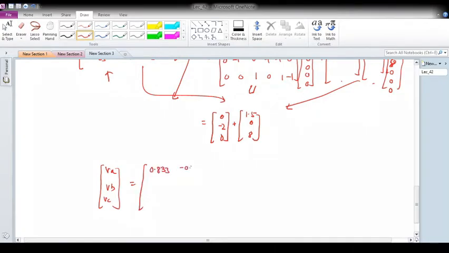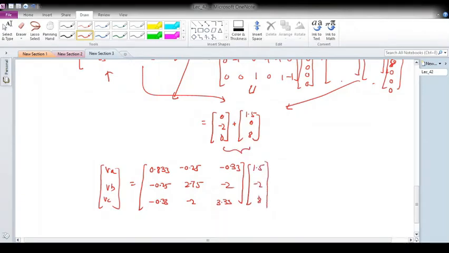So 0.833 minus 0.25 minus 0.33 minus 0.25, 2.75 minus 2 minus 0.33 minus 2, 3.33 multiplied with this addition, so it will be my 1.5 minus 2 8, and then I have to calculate its inverse, and for the inverse I have to calculate the adjoint of this matrix divided by the determinant of this matrix, and the adjoint we can calculate by taking the cofactors and its transpose.